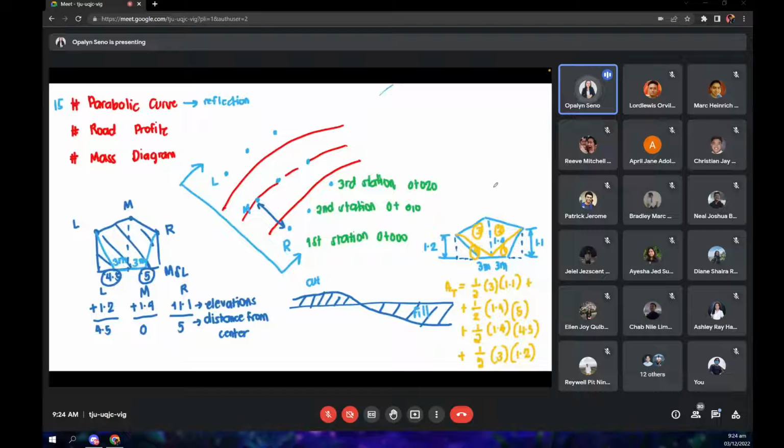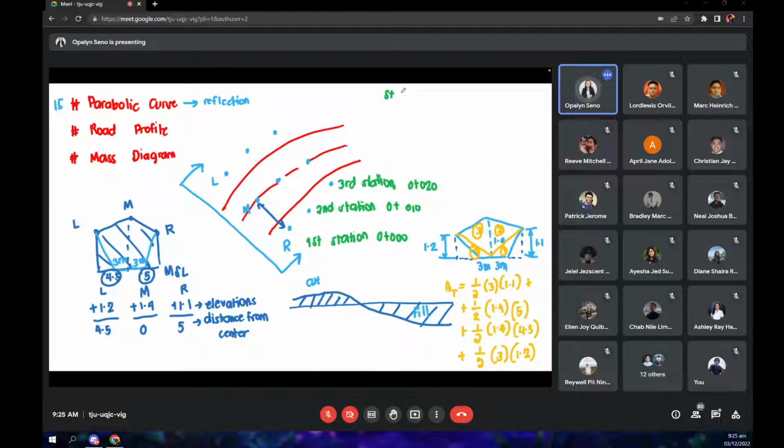So here is another example, so that you can get the width. Let's say, at the second station, I'm going to give you another example so you can get the road profile and mass diagram.